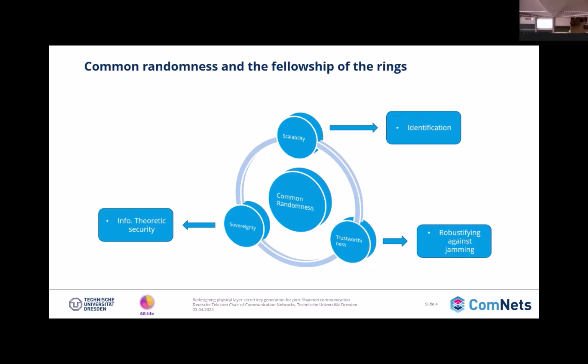And it can also be used in robustifying systems against jamming attacks. This was a paper proposed by Professor Boche. And common randomness is also used in providing information theoretic security, which comes under physical asymmetric key generation. So there is a use case in improving scalability and security of future communication networks. So it's a very interesting research for me.